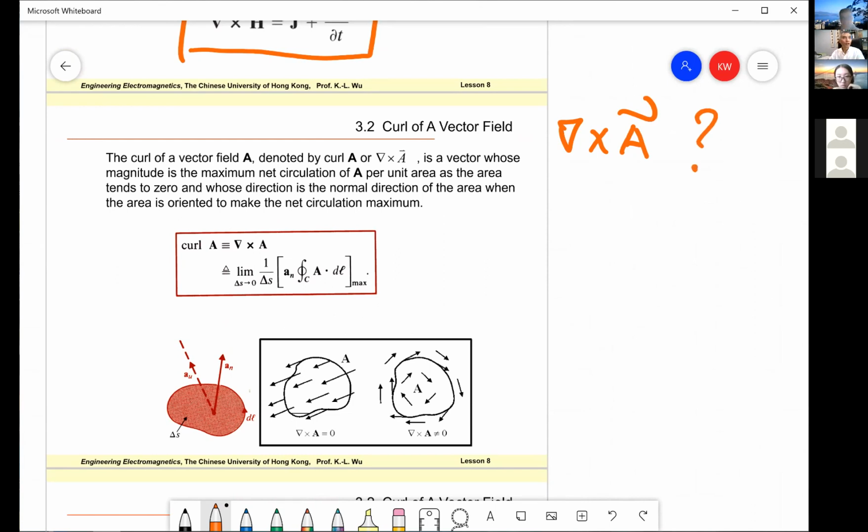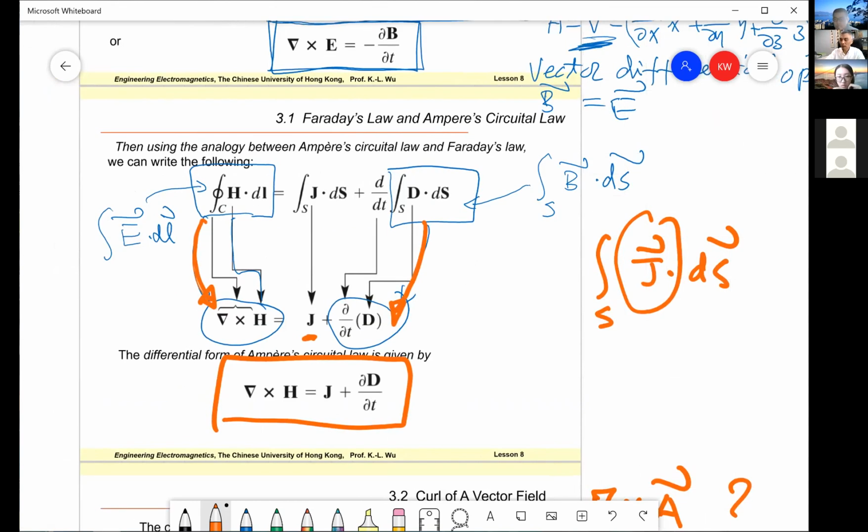You say, hey, what is this, Professor Wu? You already mentioned this is something related to the circulation. But this is still not exactly the definition.